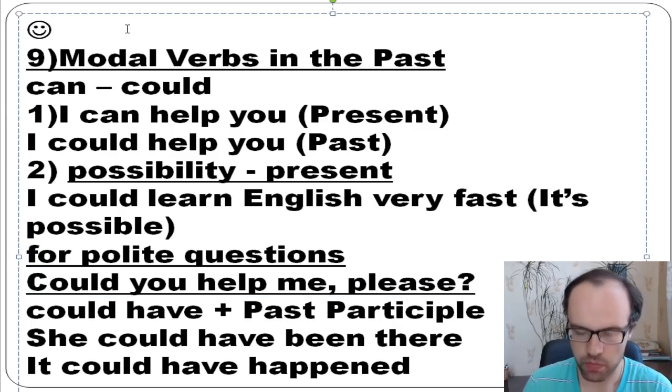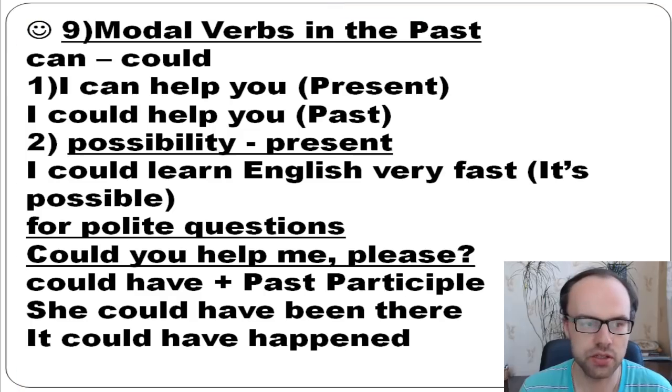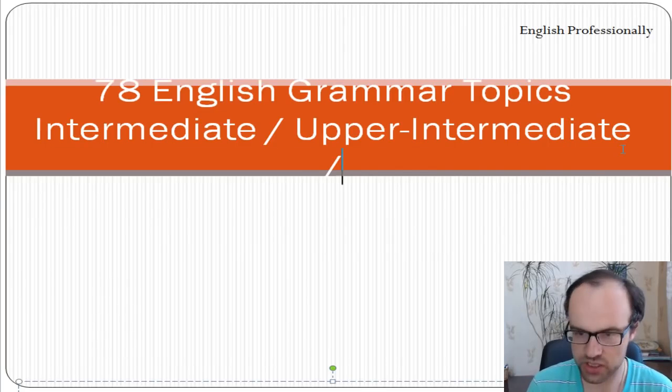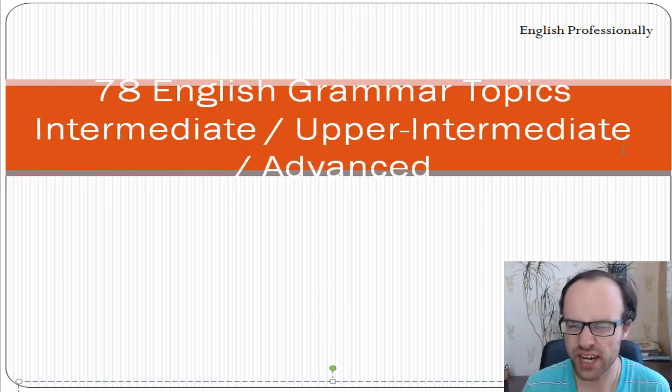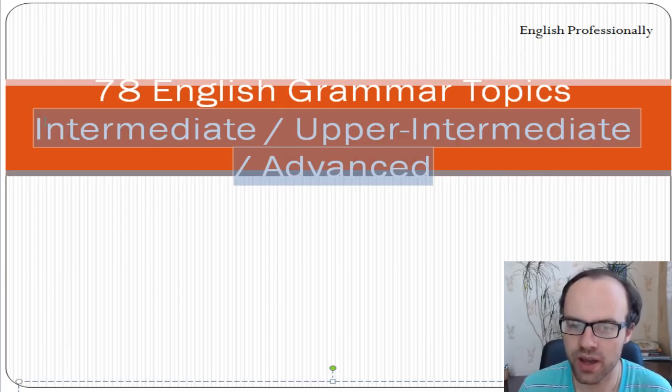But we are talking about modal verbs in the past, because I suppose that I was wrong, so it's 78 English grammar topics for intermediate, upper intermediate and advanced level too, because we cover many grammar points for advanced level, for this high level, and I think it's okay.